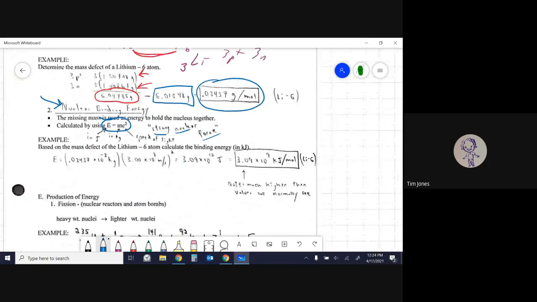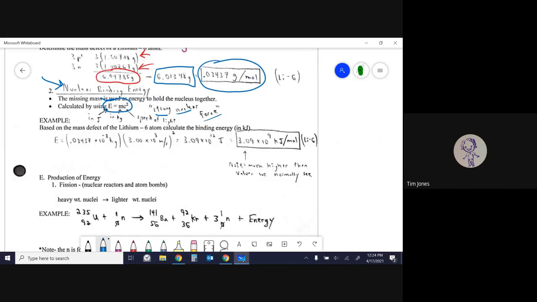Now we can do a calculation of this. If I take the missing mass, which was here, convert it to kilograms, which is the appropriate unit right now, and then multiply that by the speed of light, which is what c is, squared, you get this many joules of energy. If you convert that to kilojoules, you get a number like this. Now notice this number, 10 to the 9 kilojoules.